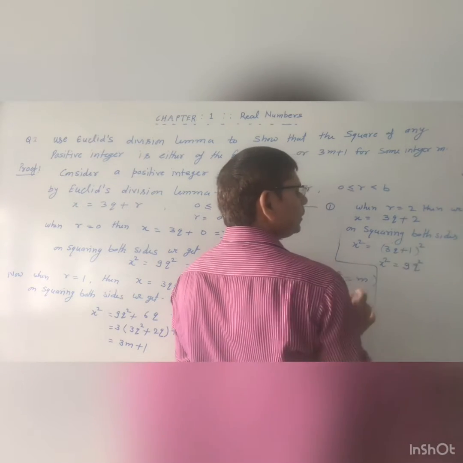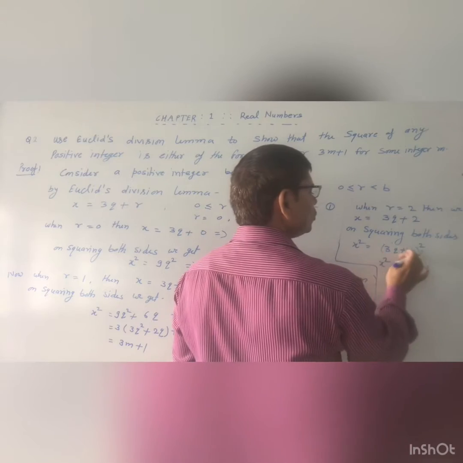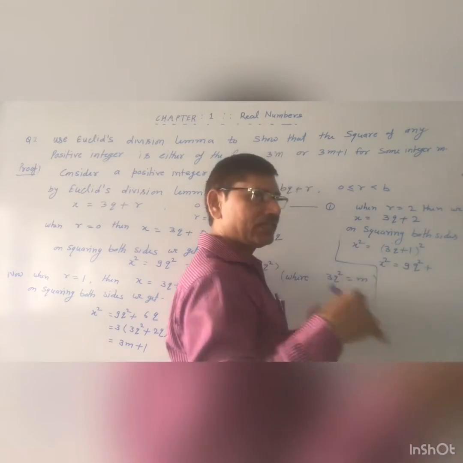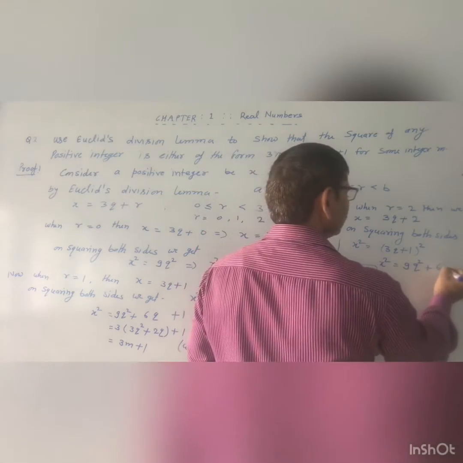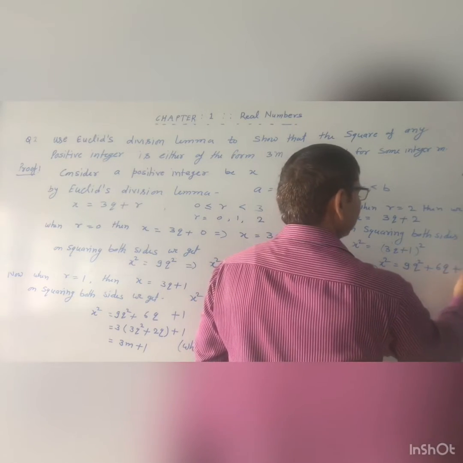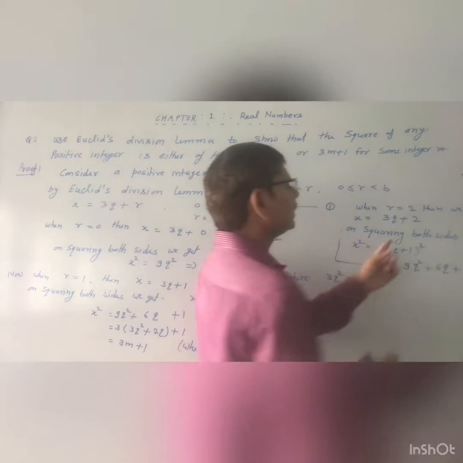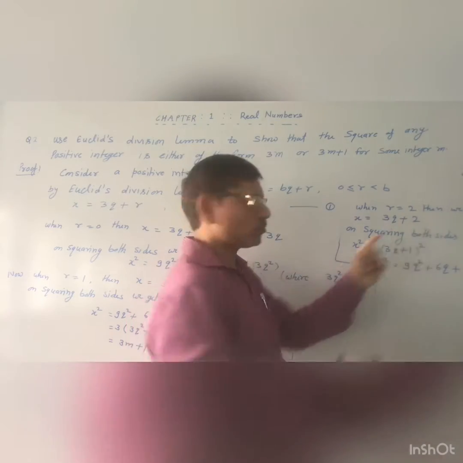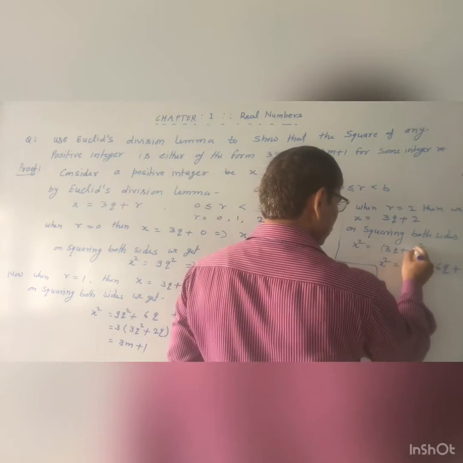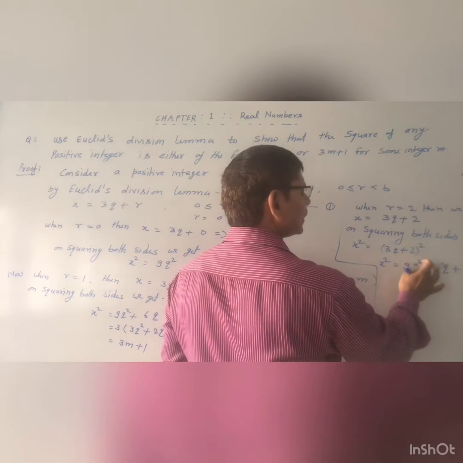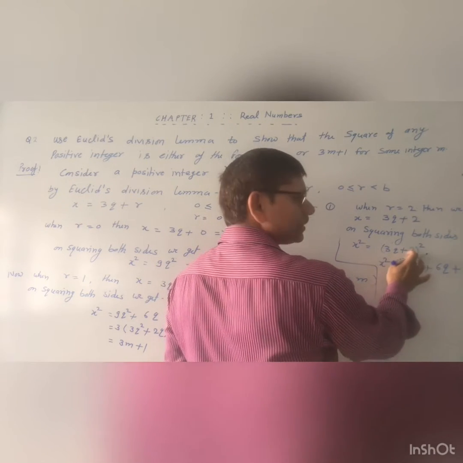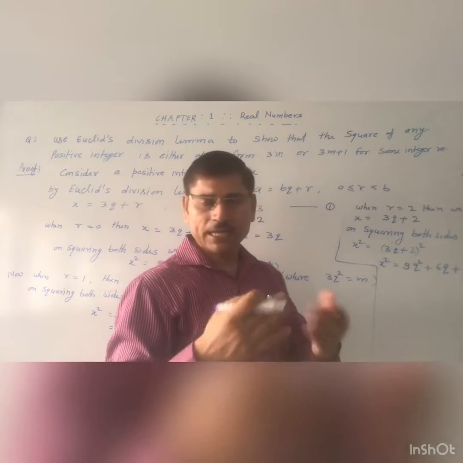And plus 2ab. 2ab means 3 into q, and into 2, that is 6q. Here the value is 2, so you put 2. The multiplication of these, 3 times 2 is 6, and 6 times 2 is 12.